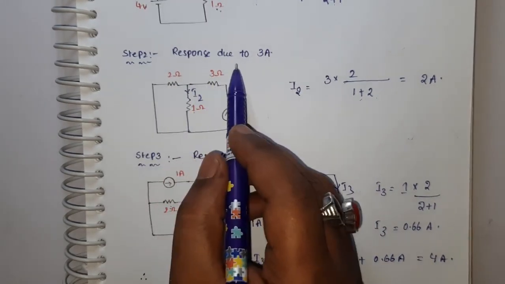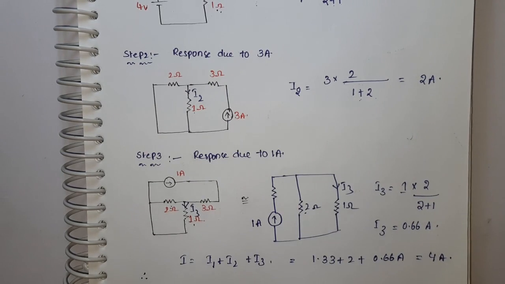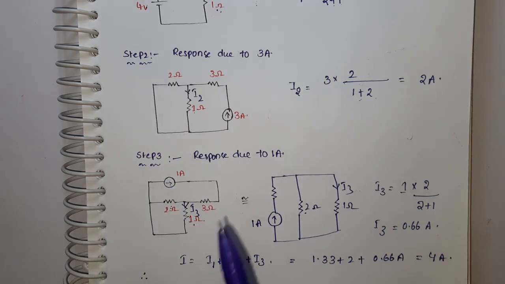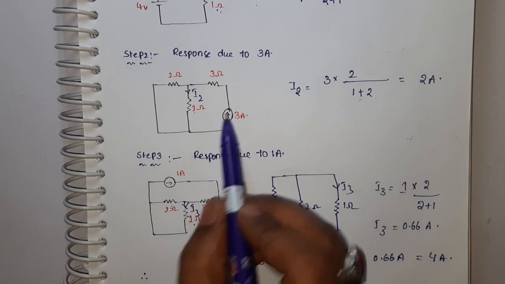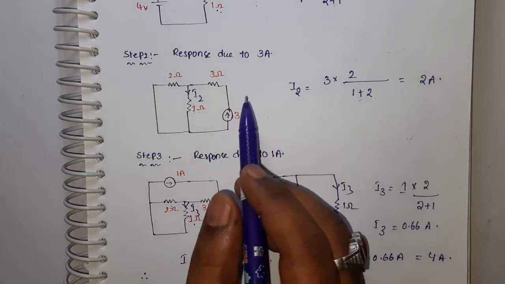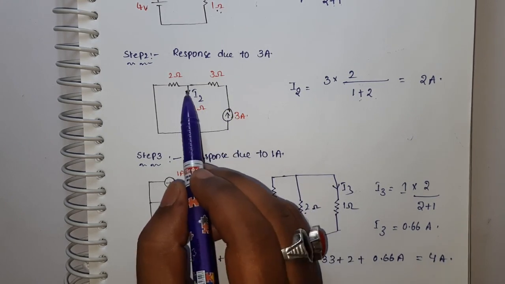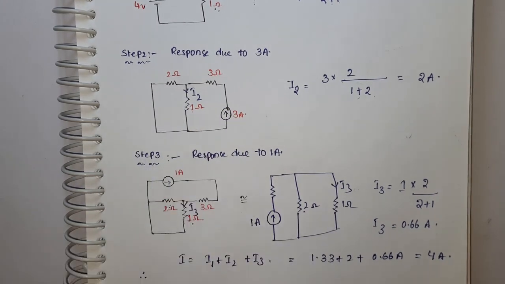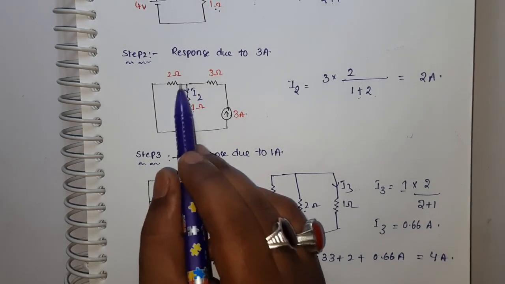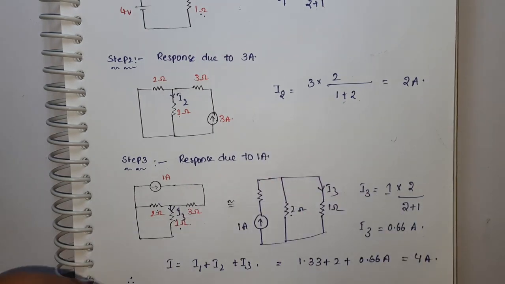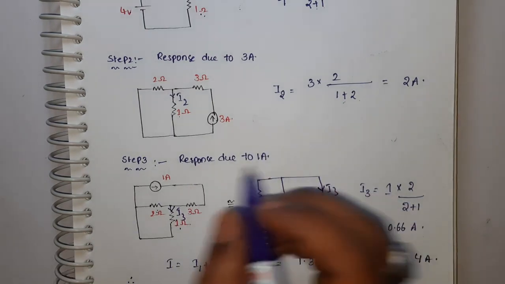Step 2, response due to 3 ampere current source. To find that, we must short the 4 volt voltage source and the 1 ampere current source. When we do that, the circuit will become a 3 ampere current source. A 3 ohm resistor is in series with the current source, and these two are in parallel. So we must apply parallel division, that is the current division rule in a parallel circuit.